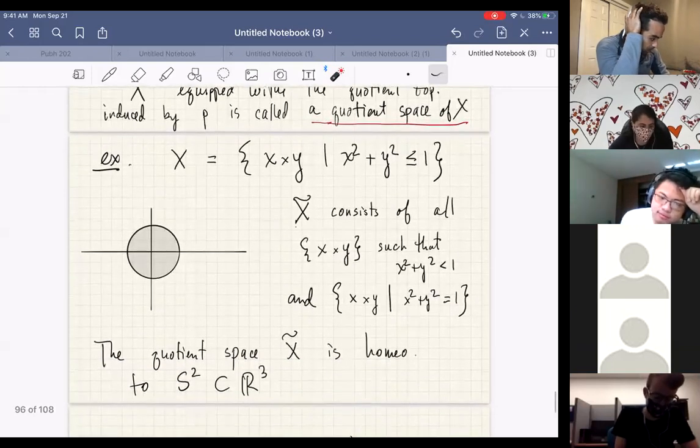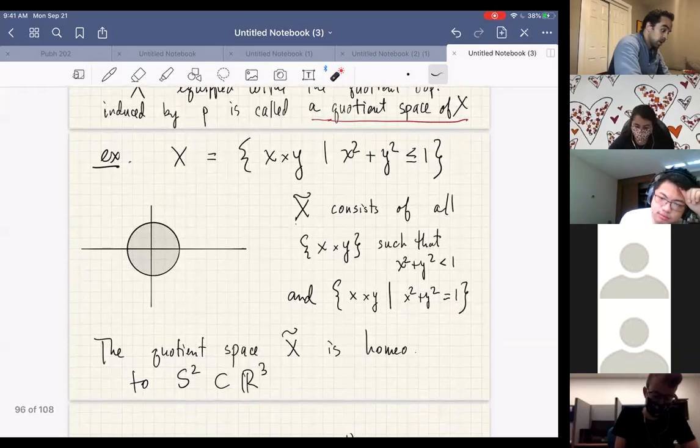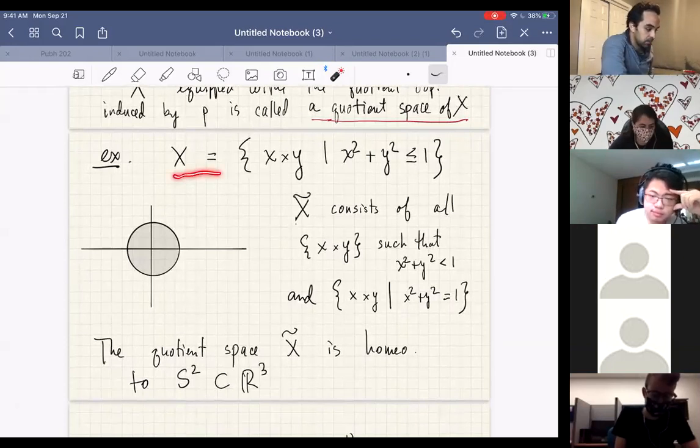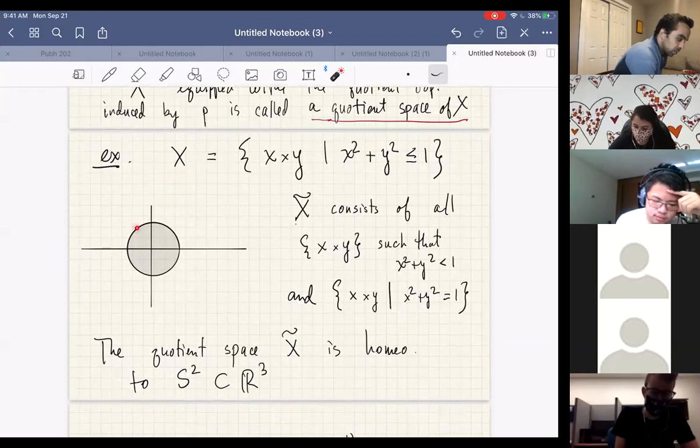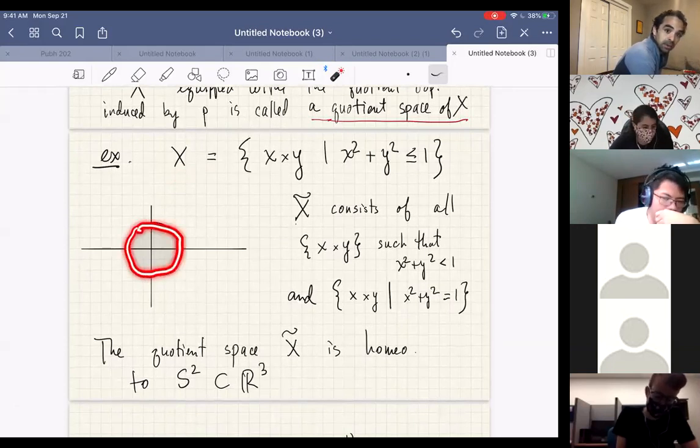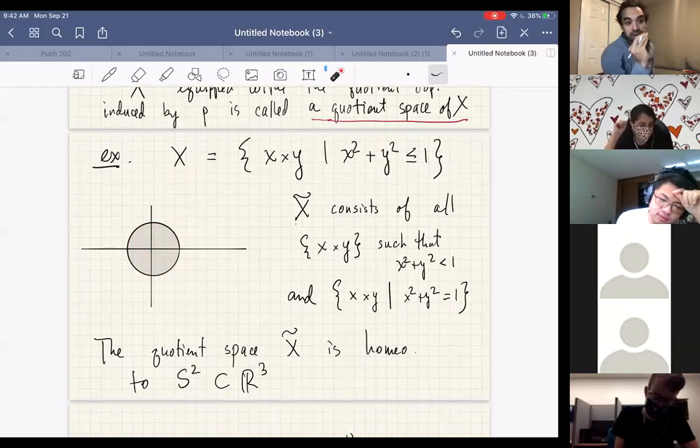we gave examples, right? For example, if X is the unit disk in the plane, then I can describe an equivalence relation on X that identifies all the points in the boundary to a single point. And the points inside the disk, which are not in the boundary, each have their own equivalence class.